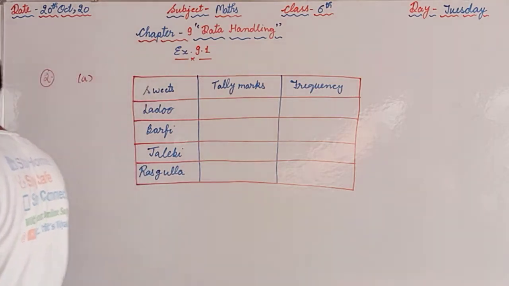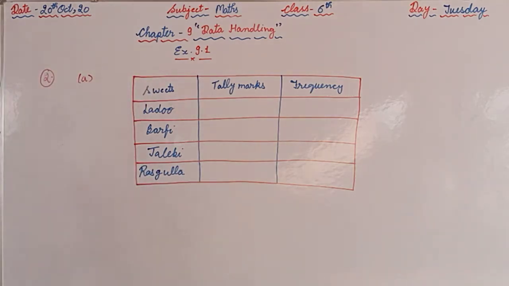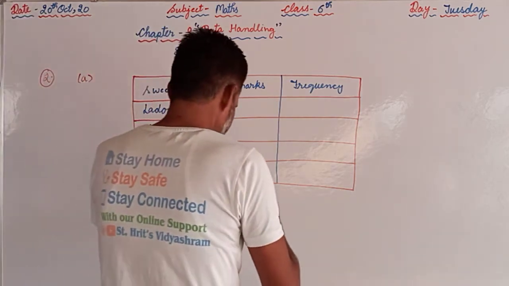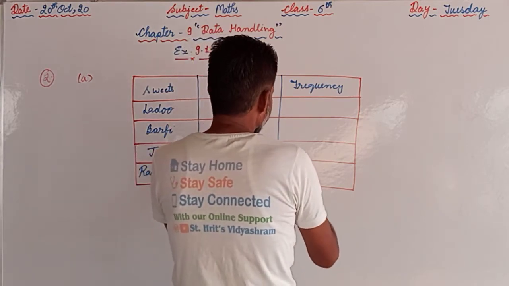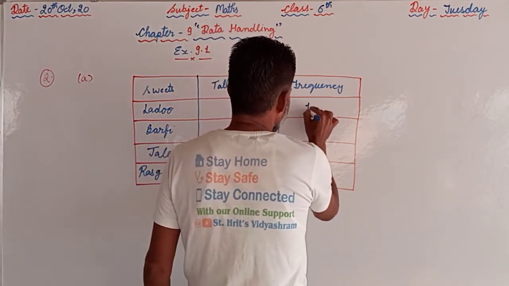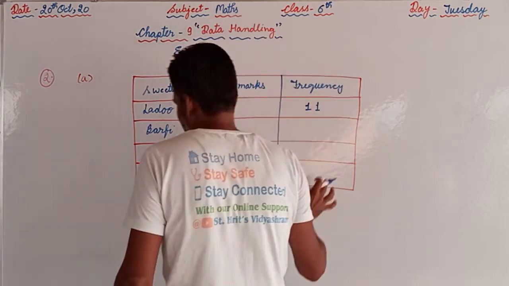So now we have to observe the data given, and first of all we are supposed to select how many students like laddu. So here 1, 2, 3, 4, 5, 6, 7, 8, 9, 10, 11. 11 students like laddu. So we will write 11 here in the frequency column.